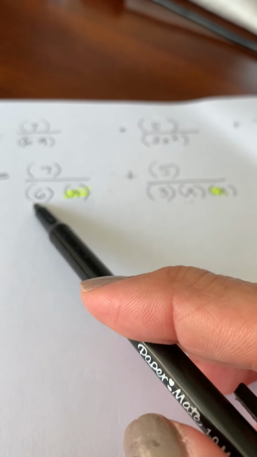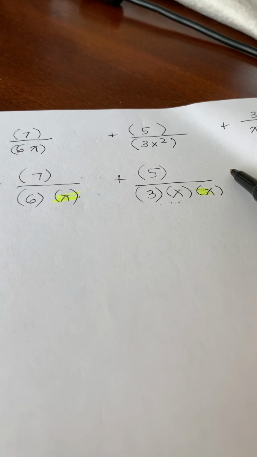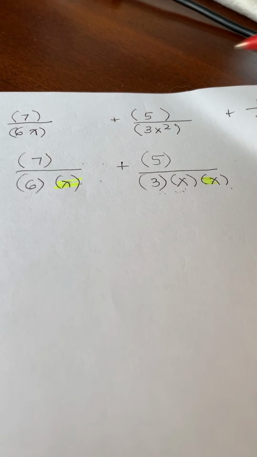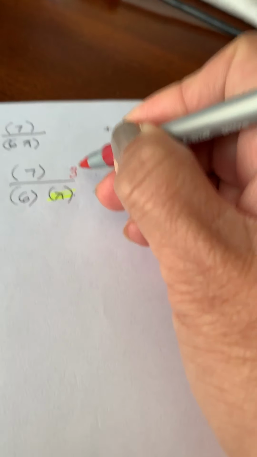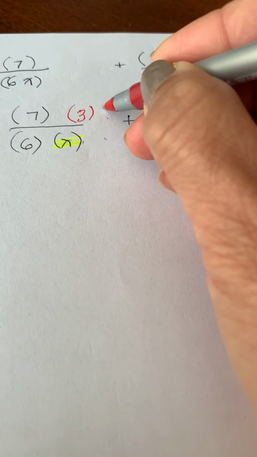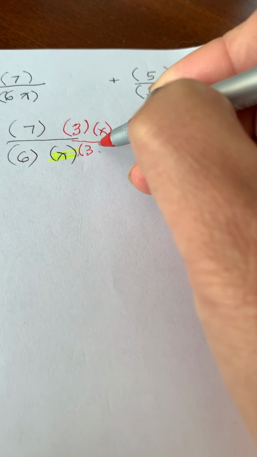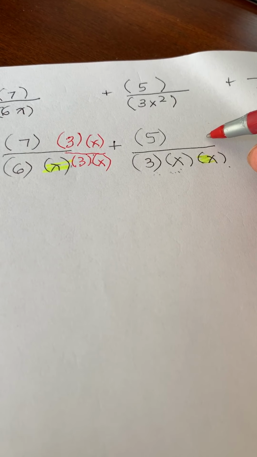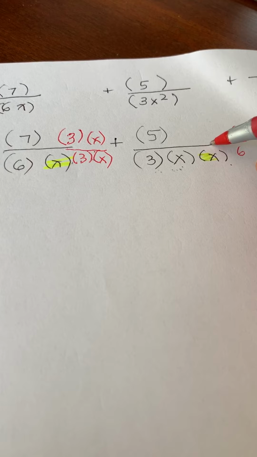The one left here is 6, so I'm going to multiply that with 6 over 6. I hope by now you get the steps, you understand it. You could also write 3x, that's okay too. And this one will be by 6 over 6, or we can also do that.